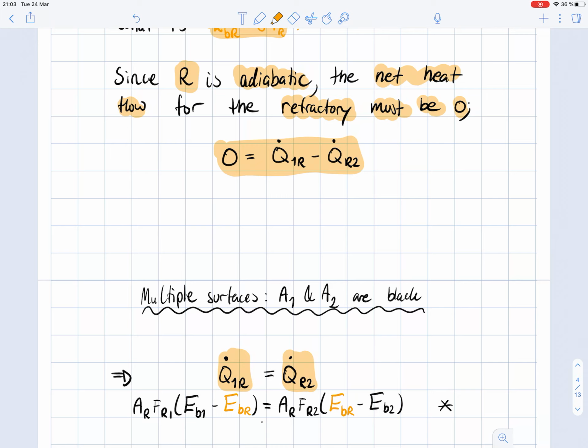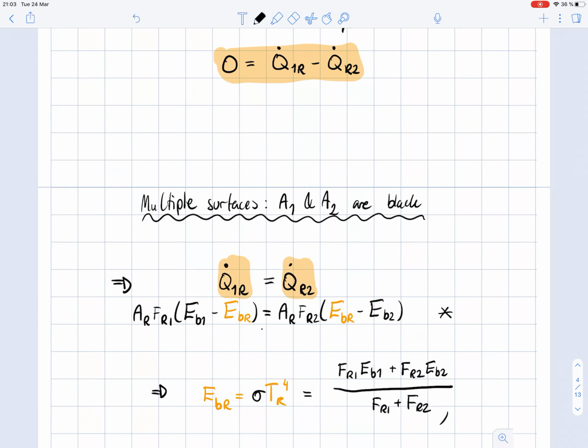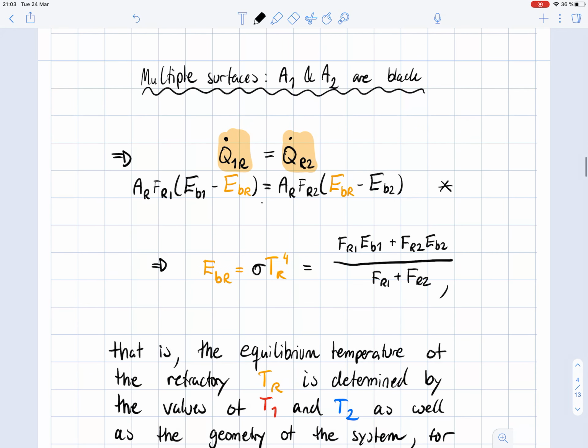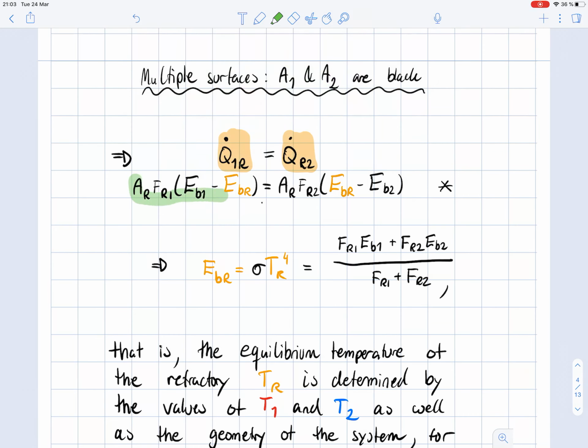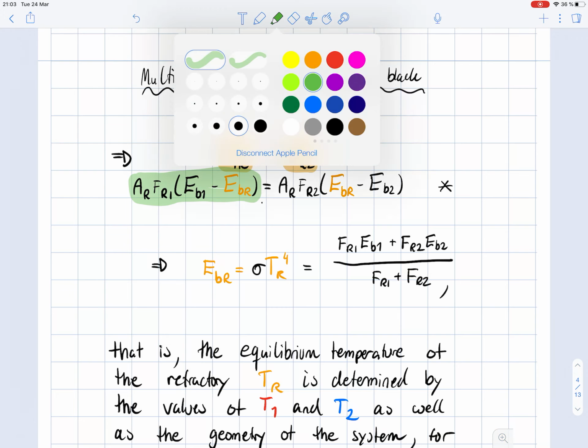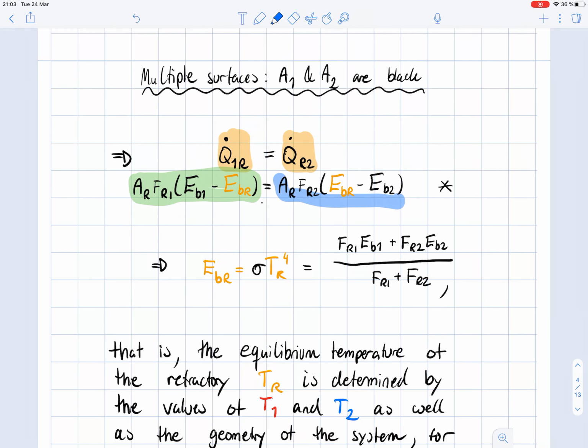So this allows us to write the following expression, just by substituting for Q1R and for QR2, as we have just calculated. This gives you a single expression for EBR, and EBR is essentially given by the temperature of that surface.